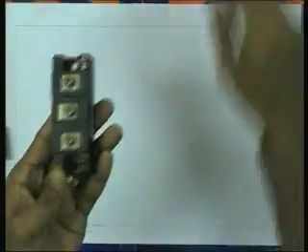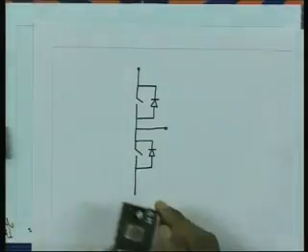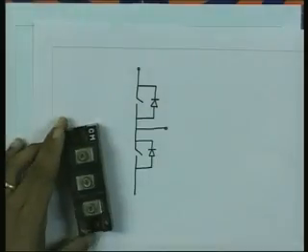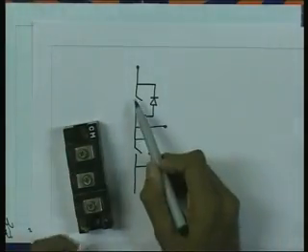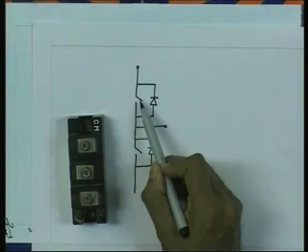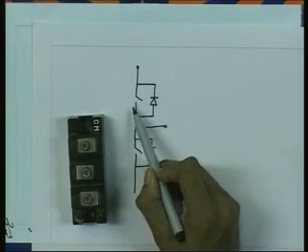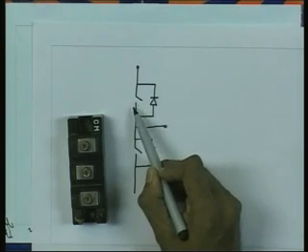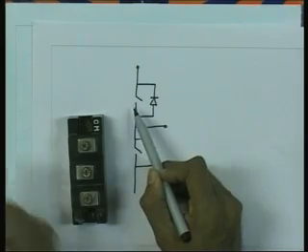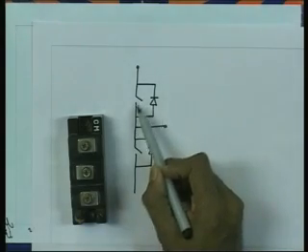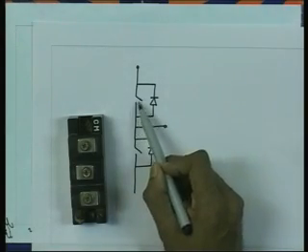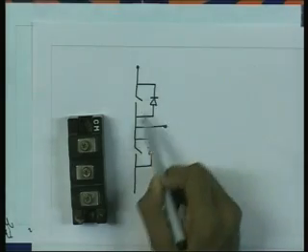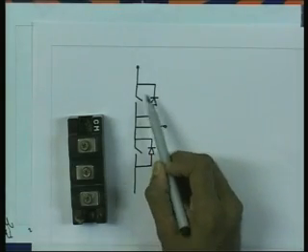One module, see here, there are two such devices, a switch which can be controlled using a gate signal or a base drive, if it is a BJT, and a diode that is connected across it. Why, we will see later.